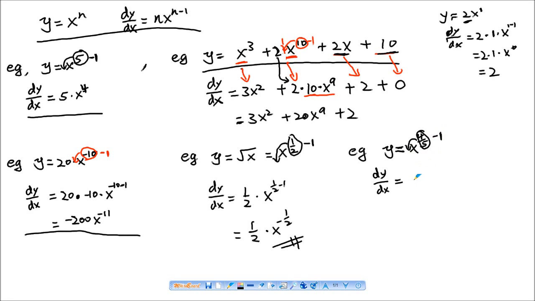So I have 4 on 5 times x power of 4 on 5 minus 1, which is 4 on 5 times x power of minus 1 on 5. This is how we do it.